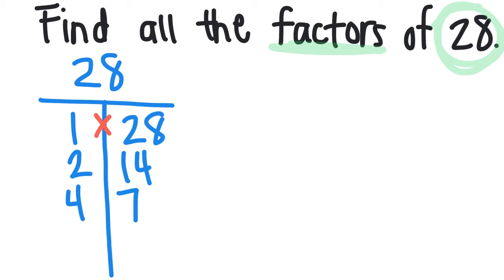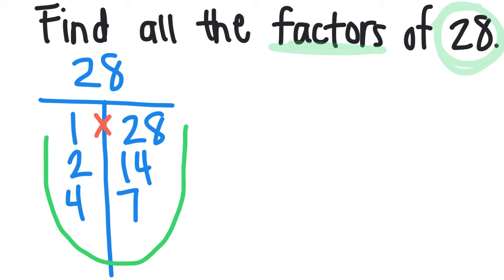So what about 8, 9, 10, 11, and 12? I'm checking my times tables in my head, and I'm not getting anything. And then I already know that 14 times 2 is 28. So anything bigger than 14 is not going to work. So there it is.